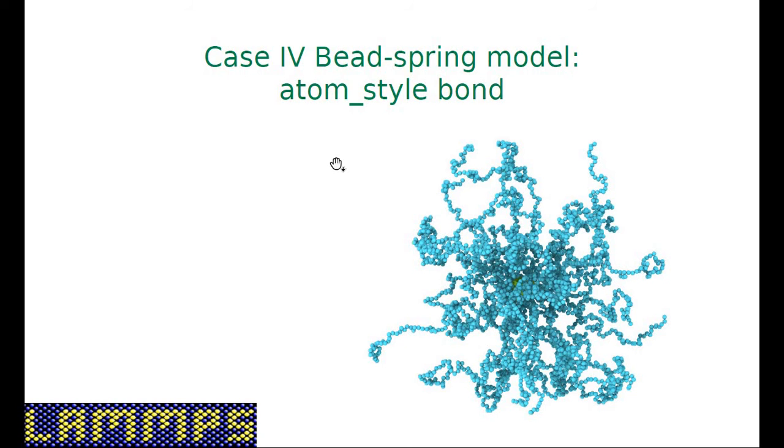Case 4. Bead-spring model using atom-style bond. This atom style is used for modeling polymers, such as this star polymer or linear polymers.